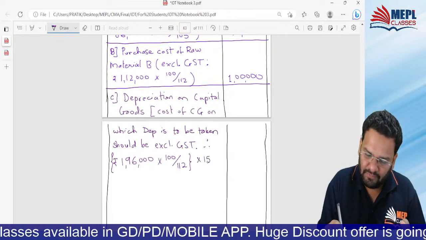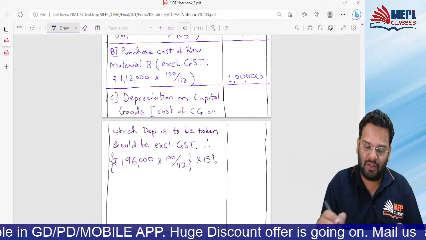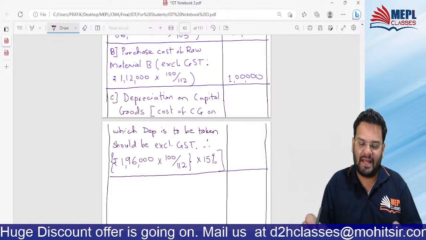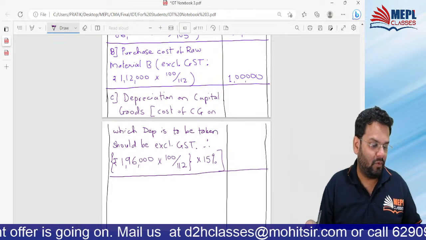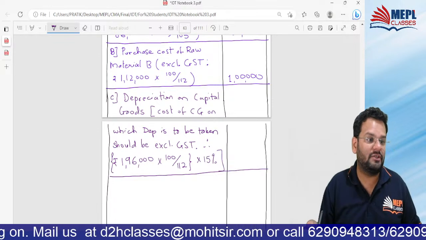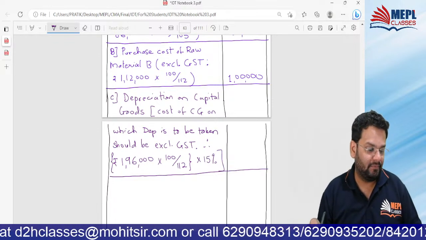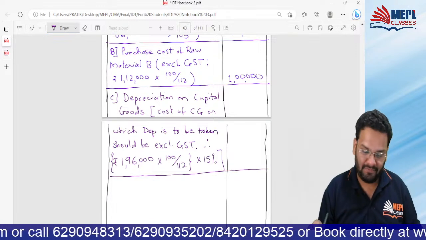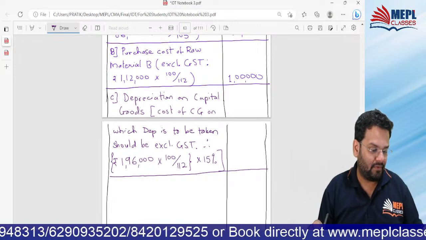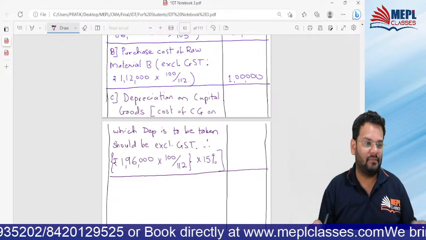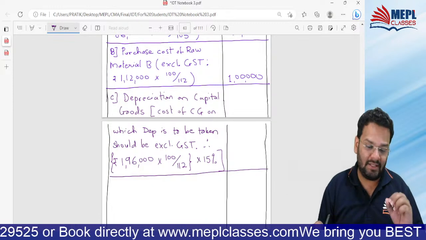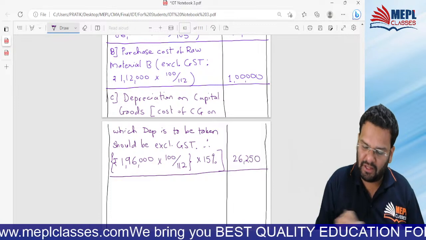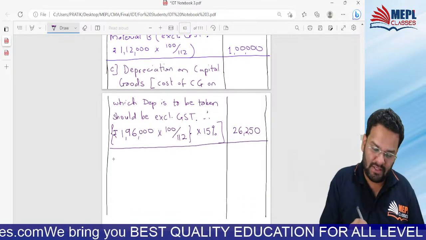On this, calculate depreciation at 15%. So what is that? 1,75,000 you must be getting, into 15%. So what is that? Is it 26,250? Check and tell me whether you are getting 26,250.